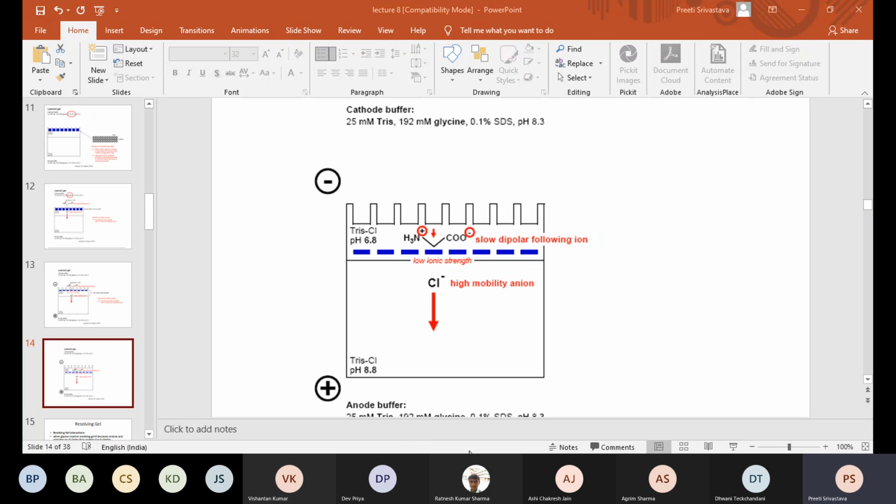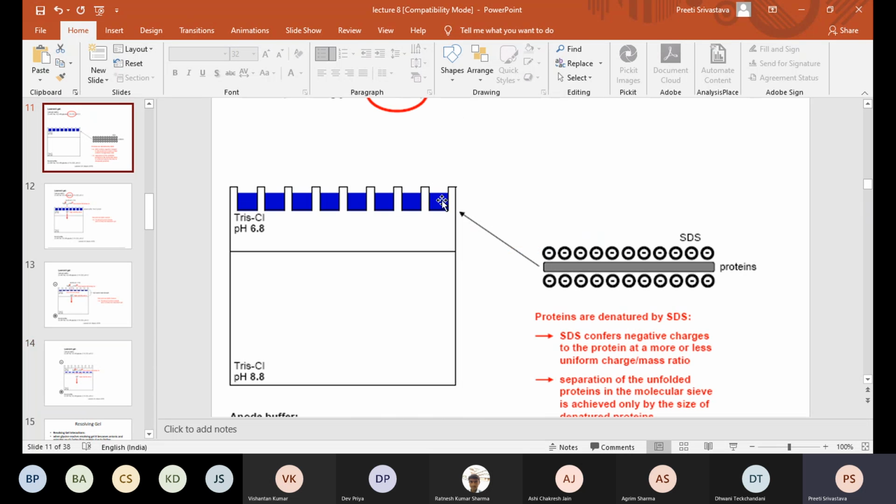Right. All the proteins have the same charge. That is true, because you have coated the protein with SDS, so the proteins are uniformly negatively charged. But imagine the situation: you have the proteins loaded over here.